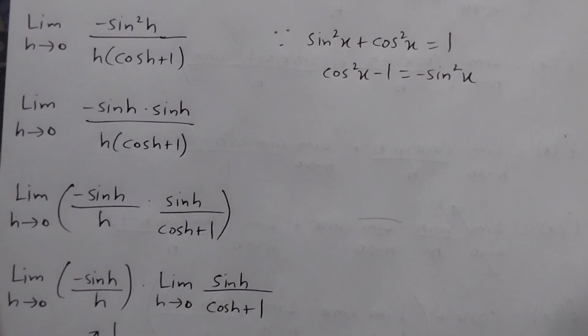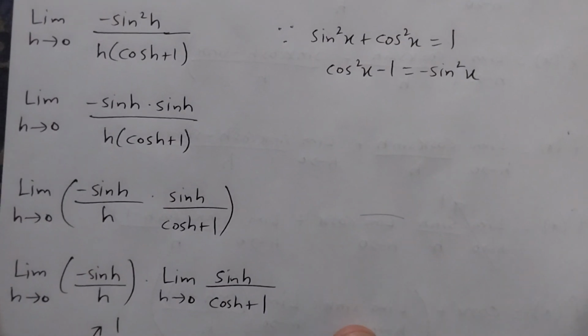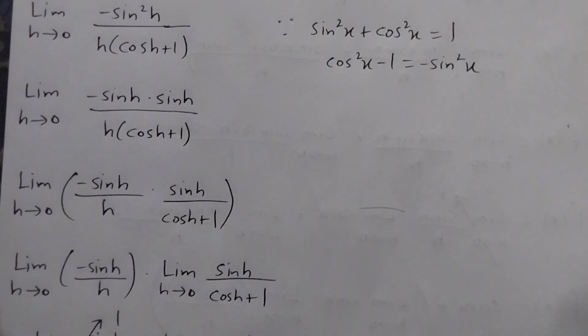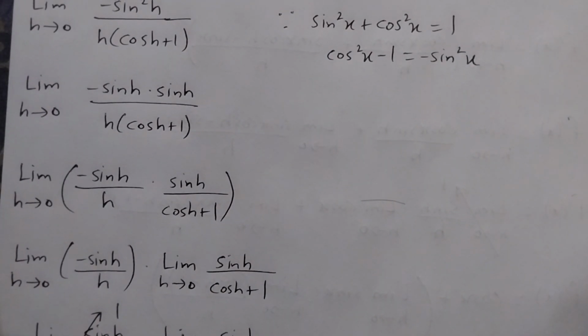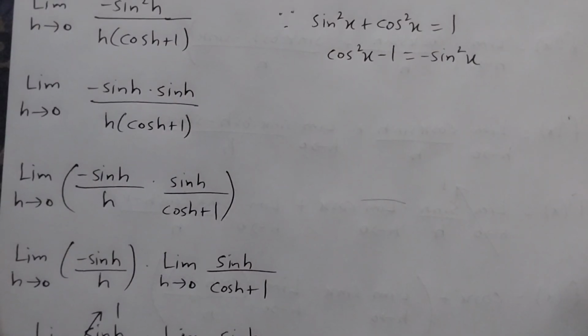This is helpful for us because we know the limit of sin h over h: whenever h is approaching 0, sin h over h approaches 1. That's why we are separating this. So the limit as h approaches 0 of minus (sin h over h) into (sin h over cos h plus 1).